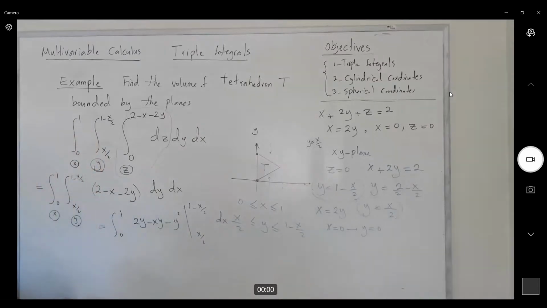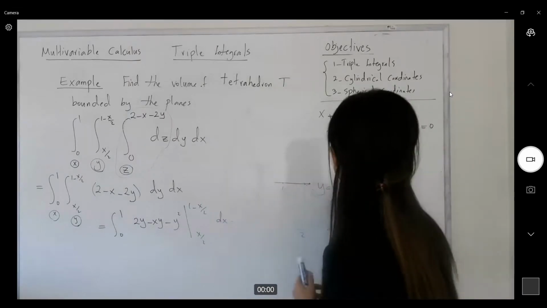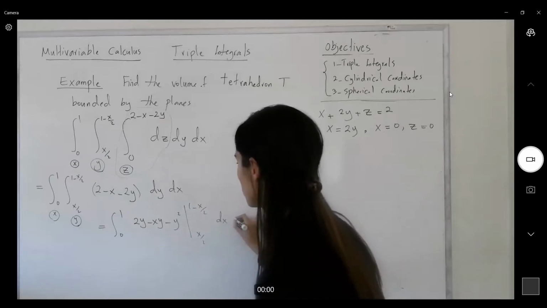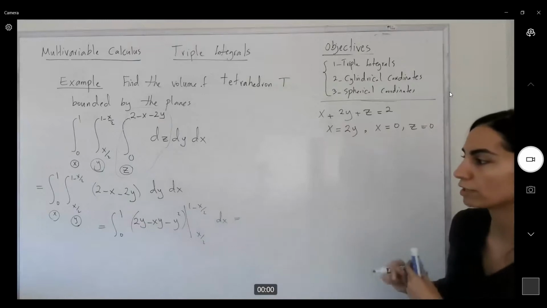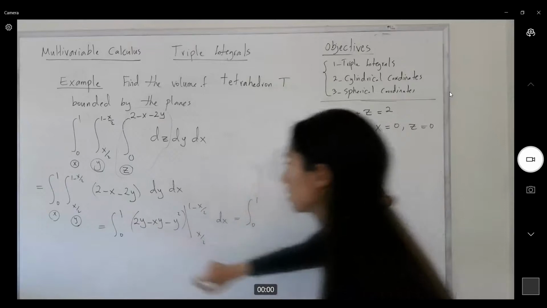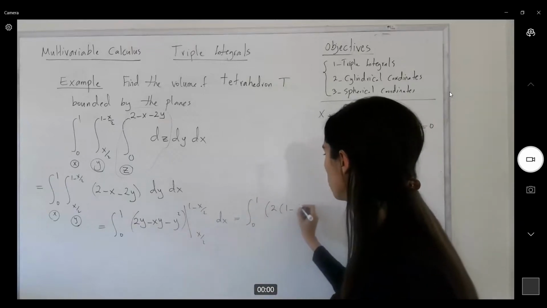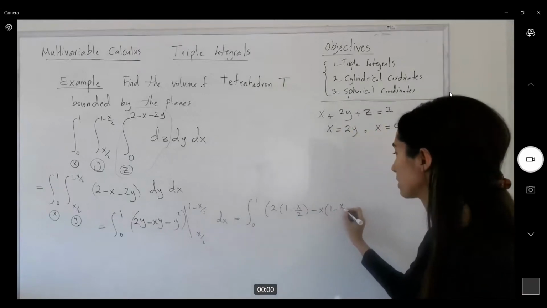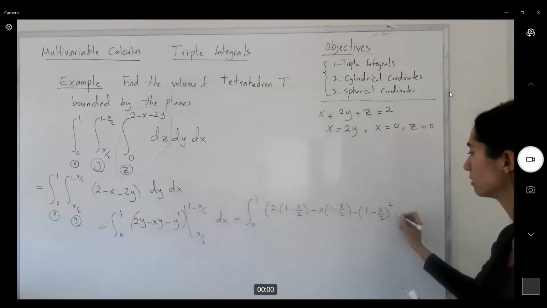Now let me erase this part. I need more space. This is equal to, if I plug in 1 minus x over 2, then x over 2, and try to simplify this, I get the integral from 0 to 1. If I plug in 1 minus x over 2, I have 2 times 1 minus x over 2, minus x times 1 minus x over 2, minus 1 minus x over 2 squared, minus.